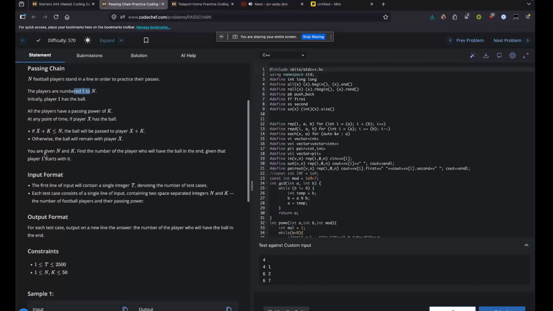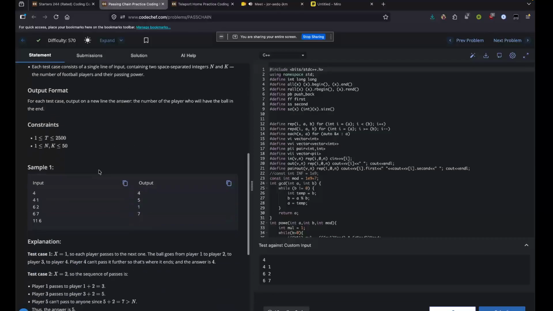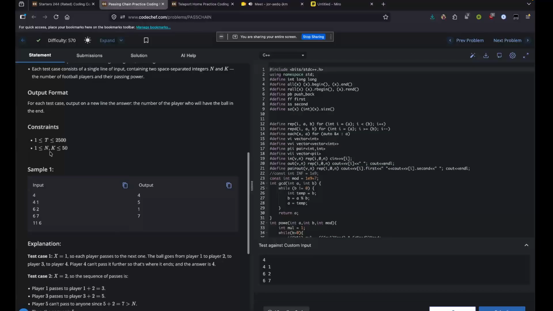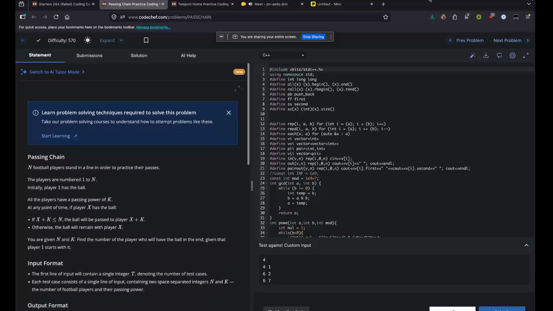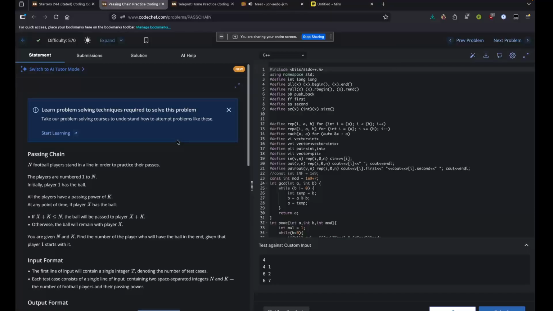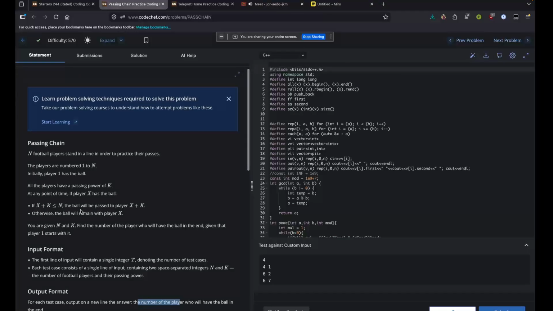So you are given n and k. Find the number of the player who will have the ball in the end, given that player one starts with it. If I go to the board, the question is saying there are n players, and all the players have a passing power of k, like every player can pass the ball to the next k person.